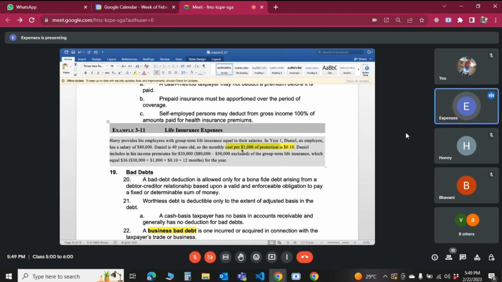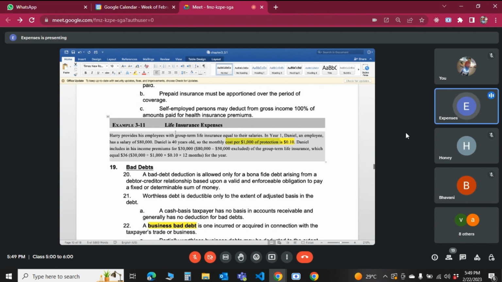So that's what they're saying. For every $1,000 of coverage, they need to pay 10 cents. And this is for group term life insurance. So when the employer is providing group term life insurance and the coverage is more than $50,000, we need to make sure it gets added as a perquisite.